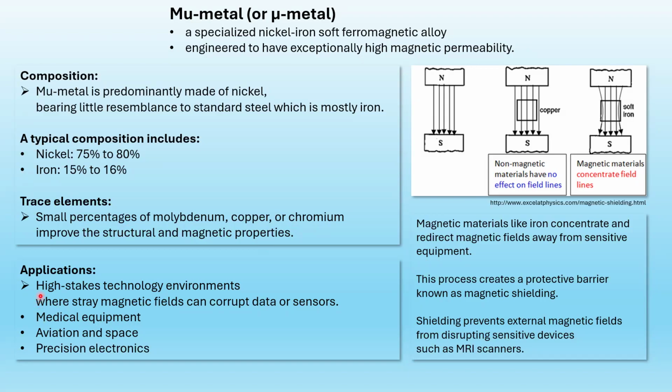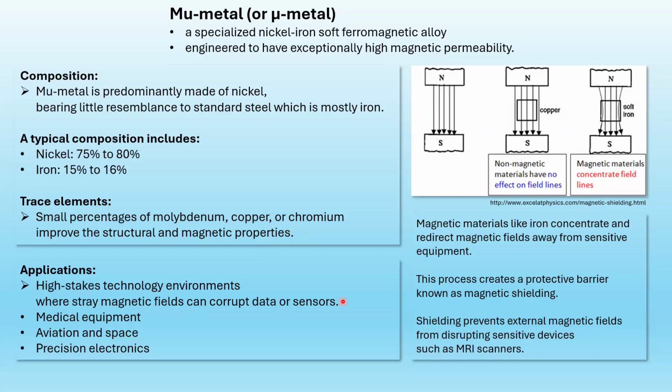Well, the phenomenon of permeability is used in high-stake technology environments where stray magnetic fields can corrupt data or sensors. So with this statement here, we're talking about shielding, preventing magnetic field from entering certain areas. Now, did we study the coaxial cable with me or with somebody else?